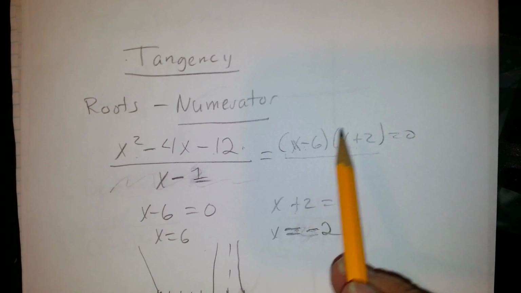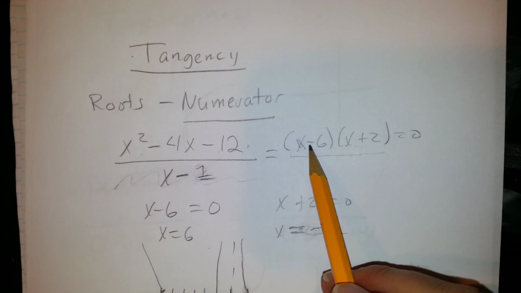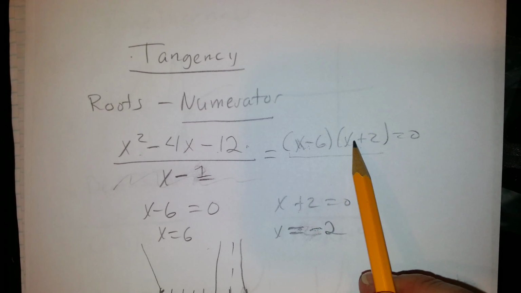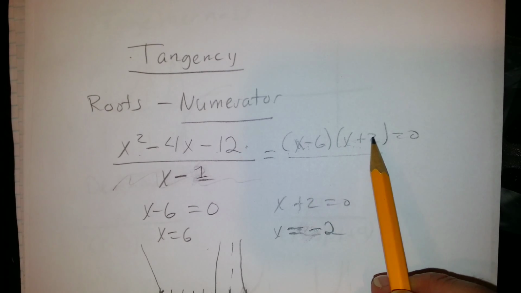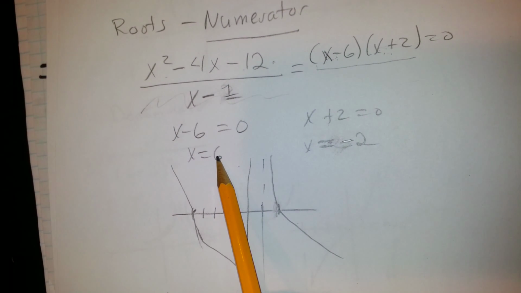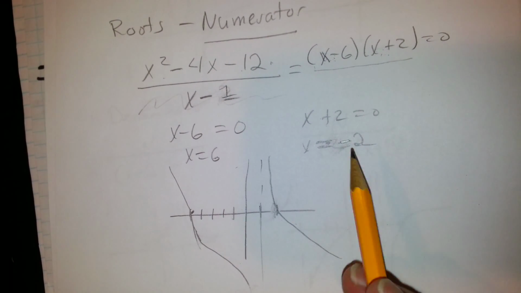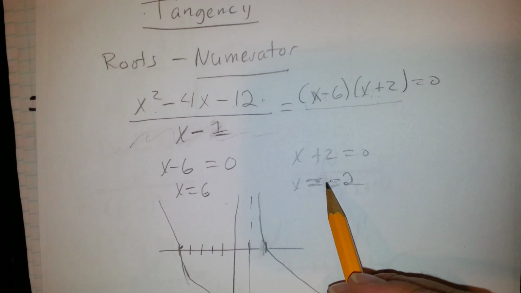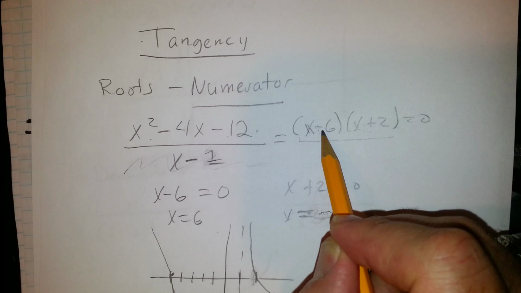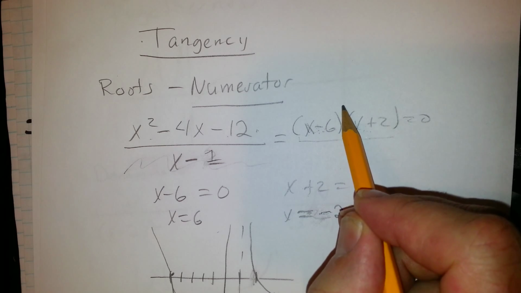So I factor the numerator. Either x is 6, 6 minus 6 is 0, and 0 times anything is 0, or negative 2 plus 2 is 0, and then 0 times anything is 0. So those are my roots: 6 and negative 2. But remember what the word multiplicity means. When we factor things, this factor occurs to the first power.